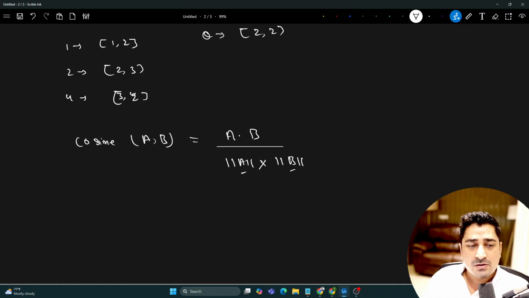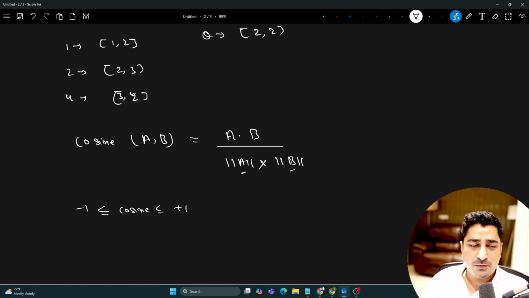Now here, cosine similarity will always give you an output between -1 and +1. In between this, it is going to give you the final output.